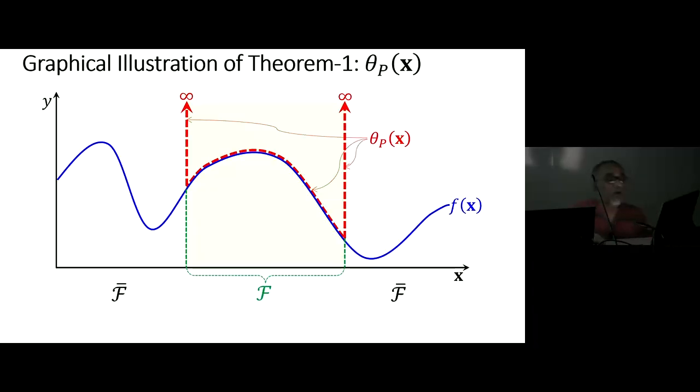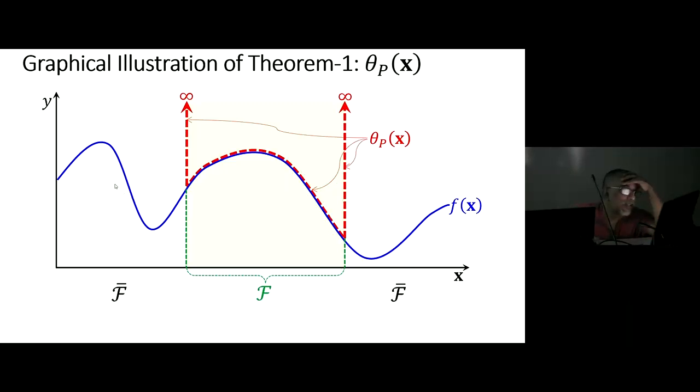Okay? So graphically, this is what it looks like. It's one-dimensional. This blue curve is f of x, and this green region is the feasible region. The left and right hand sides of this feasible region are infeasible in this illustration.